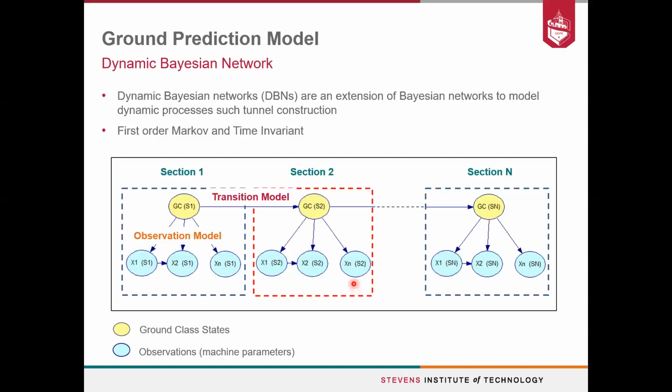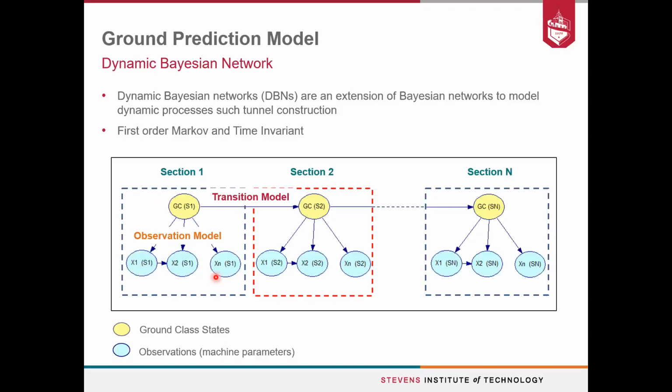For our particular model, I have two types of random variables. The yellow ones are the ground classes, that's what I'm trying to predict, that's my output. And then you have these blue ones, which are the observable construction variables.